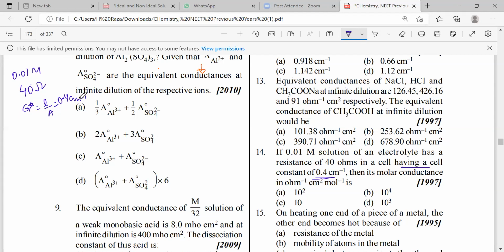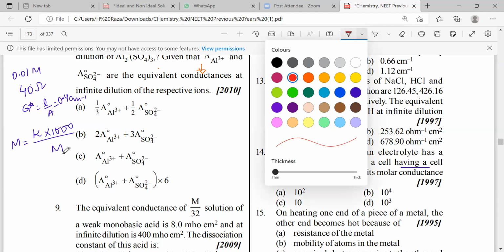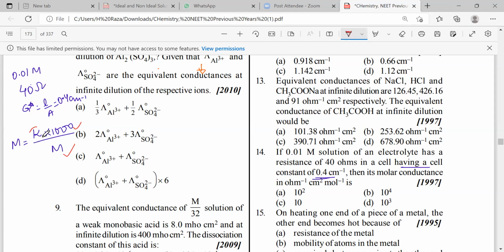Yes or no? Yes. Now see, for molar conductance, we need to calculate kappa into 1000 upon M. Yes or no? Yes. Now you can see M is given, 1000 is given. We need to calculate kappa from this information. Kappa will be equal to cell constant upon resistance.